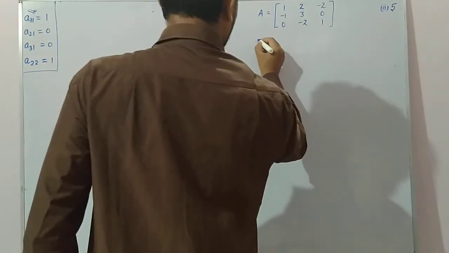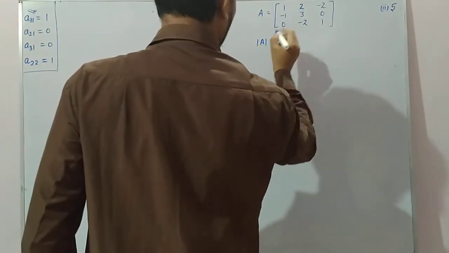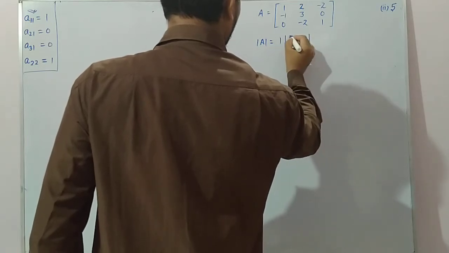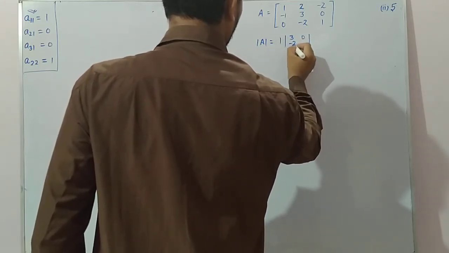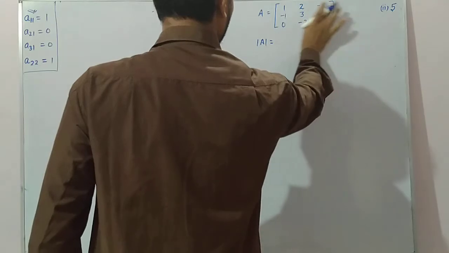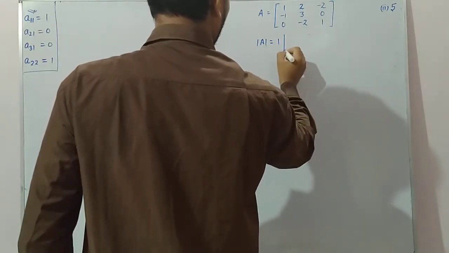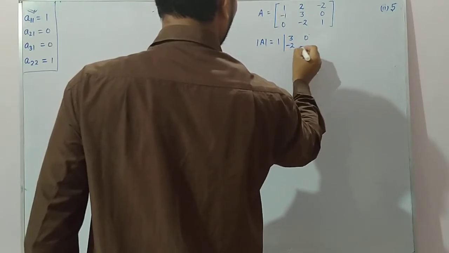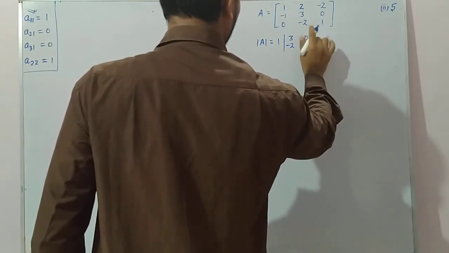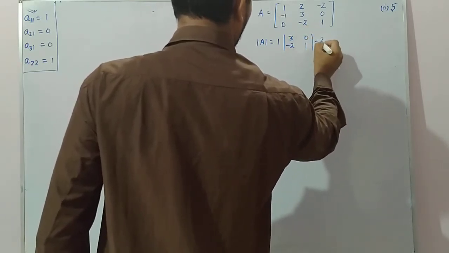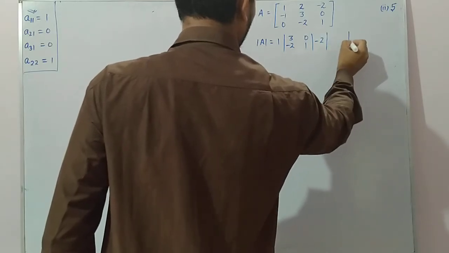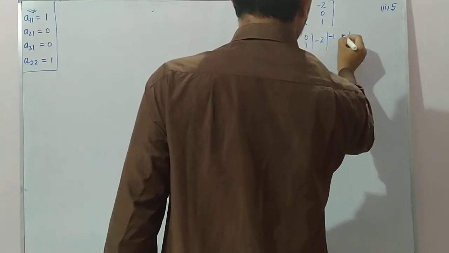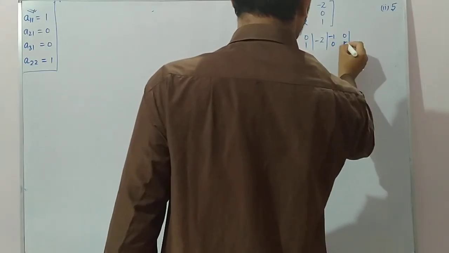So here first of all you find the determinant, that is 1 times 3 0, minus 2 1, minus 2. This one is minus 1 0, 0 1.